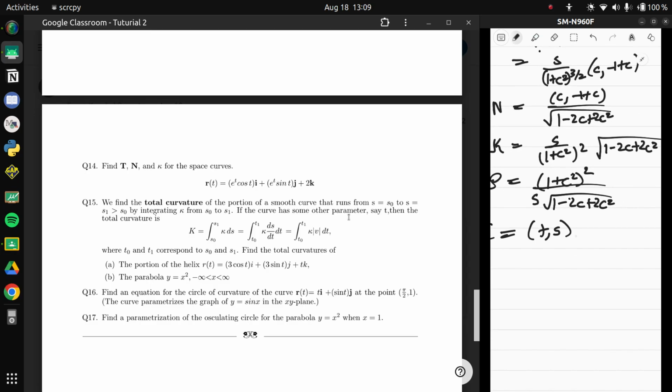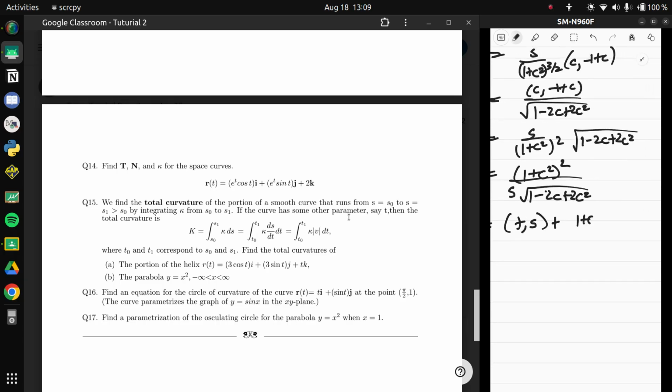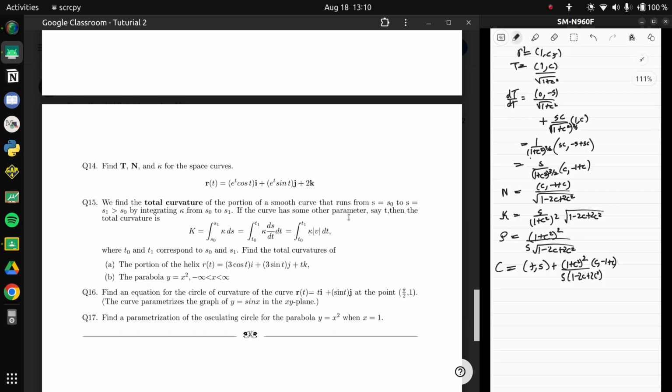So just plus (1 plus cosine squared) squared upon sine, and then this stuff, 1 minus 2 cosine plus 2 cosine squared, whatever that quantity is. Yep, that's your center.